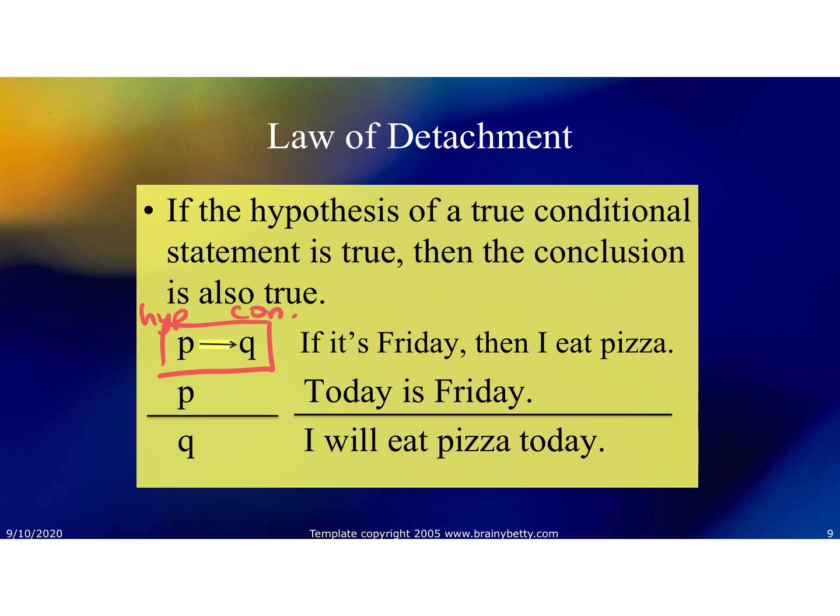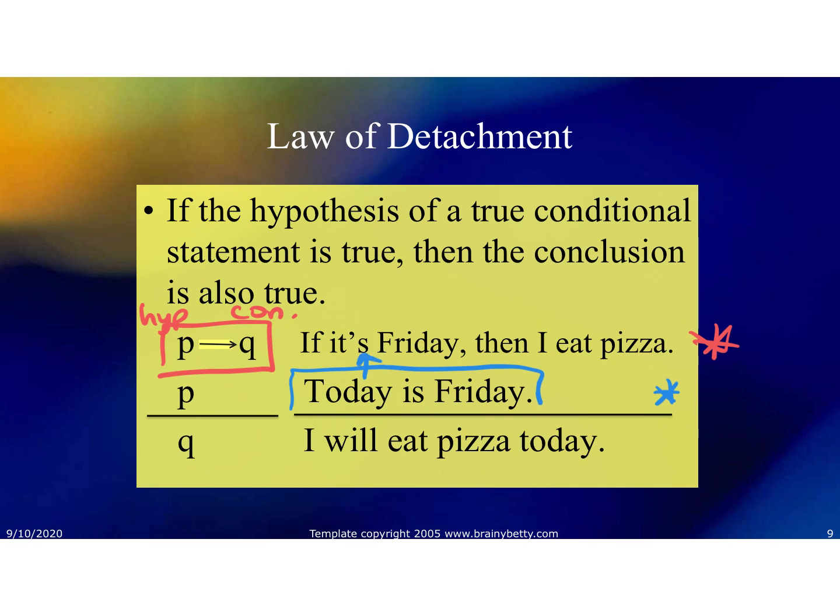So you'll be given a conditional, and then they're going to give you another statement. It may not be in if-then form, and if this is based off of the hypothesis, then you can make the same conclusion.